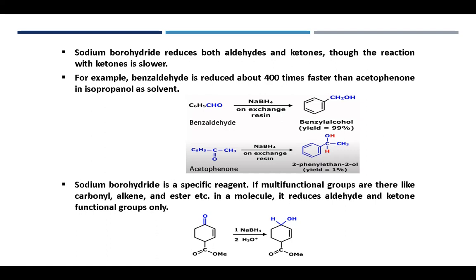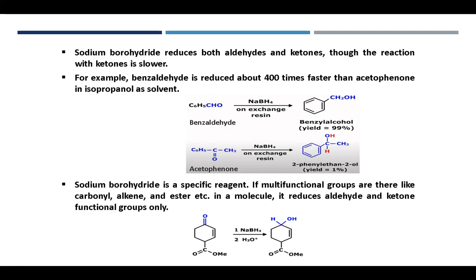Talking about specificity, sodium borohydride is a specific reagent, and does not attack the carbon-carbon double or triple bonds of alkenes and alkynes, respectively, as they are not sufficiently polarized. If multiple functional groups like carbonyl, alkene, and ester are present in a molecule, it reduces only aldehyde and ketone functional groups, and has no effect on the double or triple bonds of alkenes and alkynes.